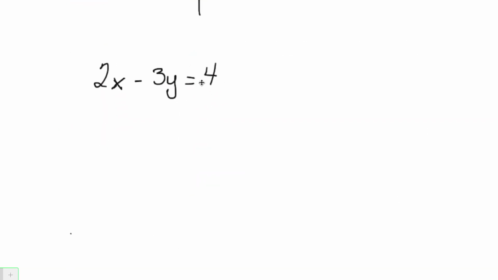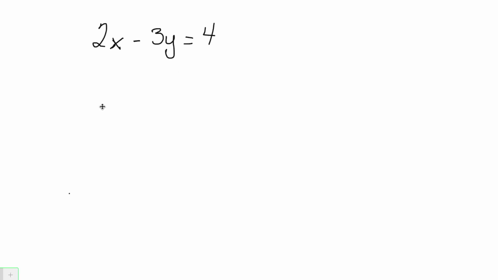The constant now is all by itself, and all the ones with the letters are together. That's fine. This is called standard form. What you saw before was slope-intercept form, okay? So in this standard form written position, it is the same concept.